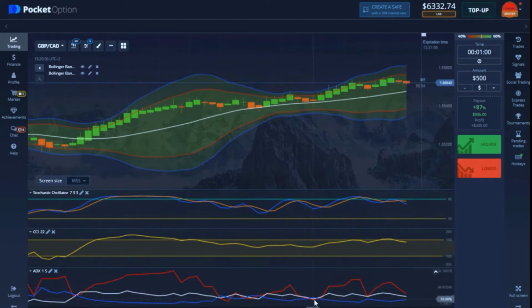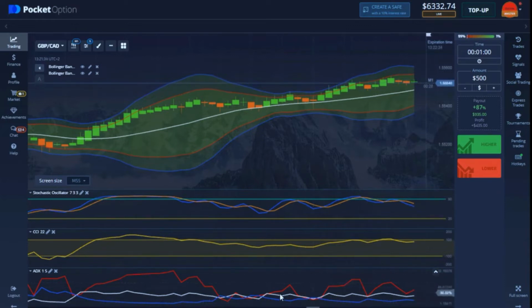What I mean by that is the red, the white, and the blue lines must intersect each other if we are taking a trade. For example, if we are taking a trade to come down, all the lines must intersect each other, and they must be in the oversold position before we enter a trade.